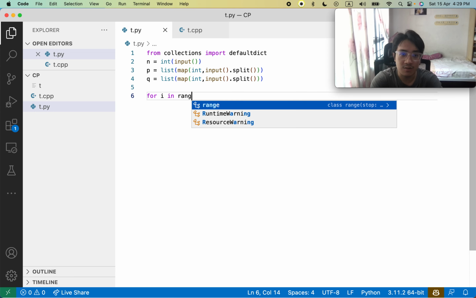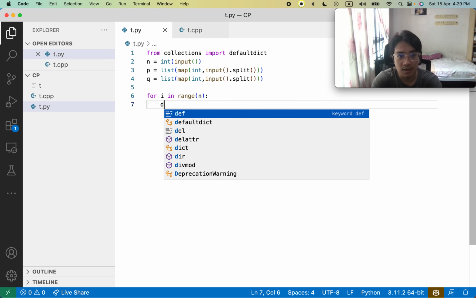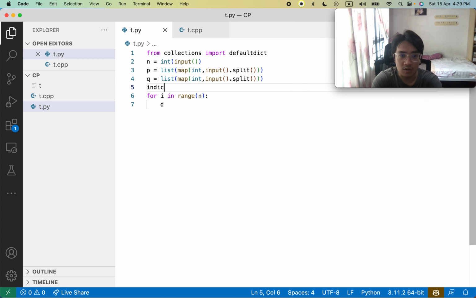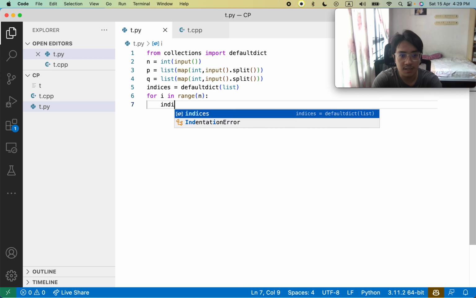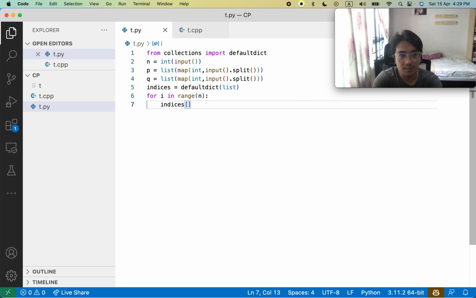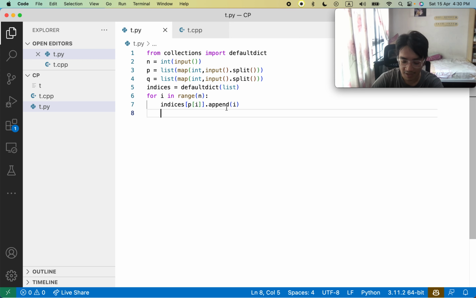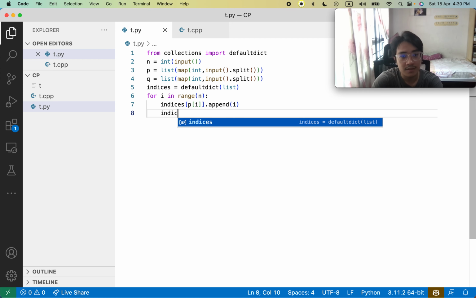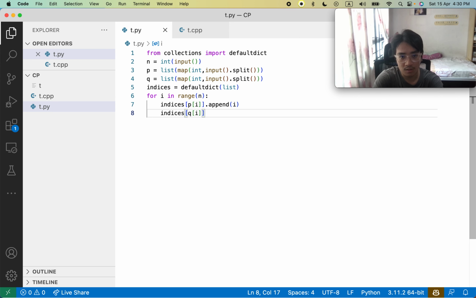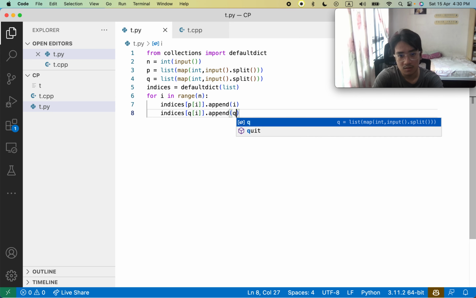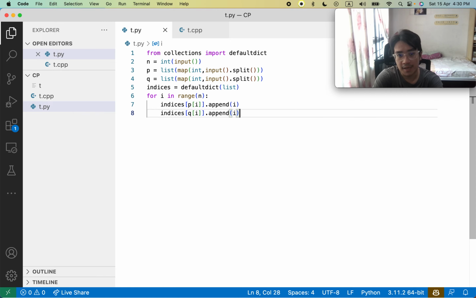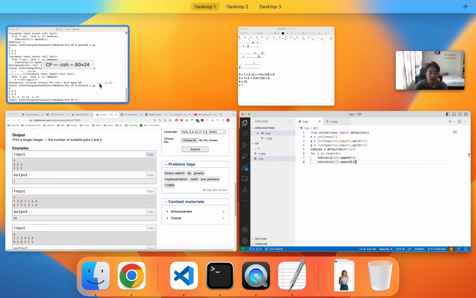So for i in range n, and by the way, we're going to create a new one called indices, a defaultdict of list. Alright, so indices key i dot append i. So what this does is for every value within the P and Q array, we are going to append the index to it.